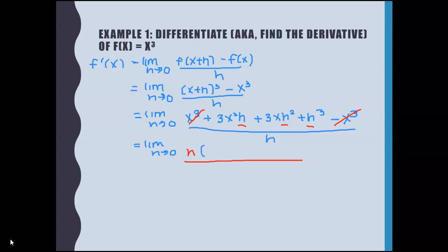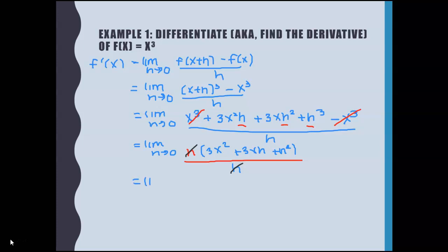So it becomes 3x squared plus 3xh plus h squared all over h. The last one's h squared, yes. Sorry, it's a little messy. So you can cancel your h.